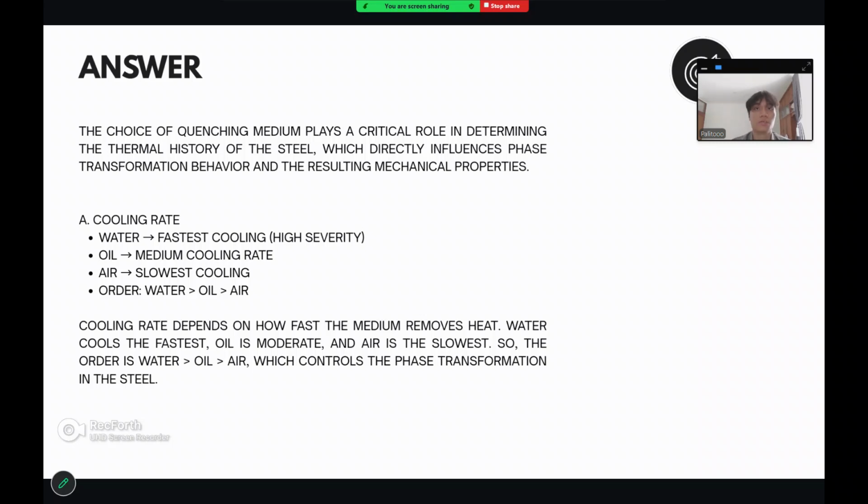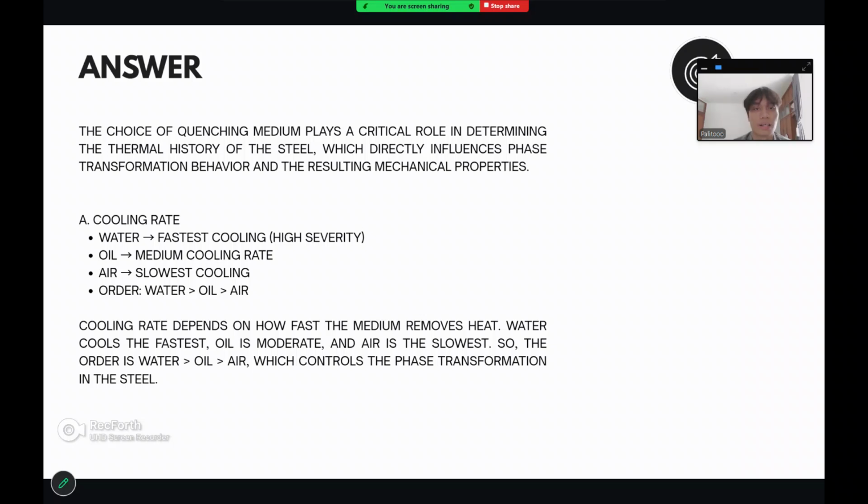My answer is the choice of quenching medium plays a critical role in determining the thermal history of the steel, which directly influences phase transformation behavior and the resulting mechanical properties. So for A, it's the cooling rate. Water gives the fastest cooling, high severity, oil gives a medium cooling rate, and air gives the slowest cooling.